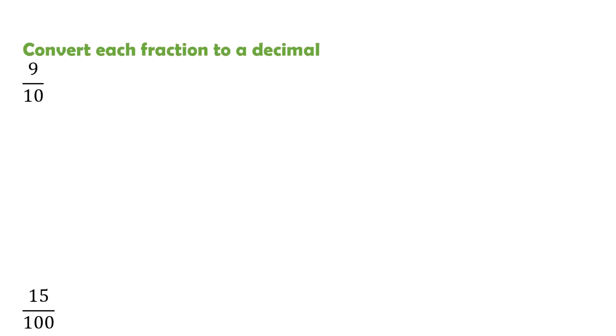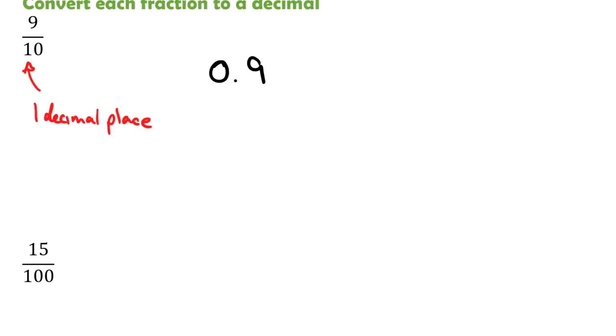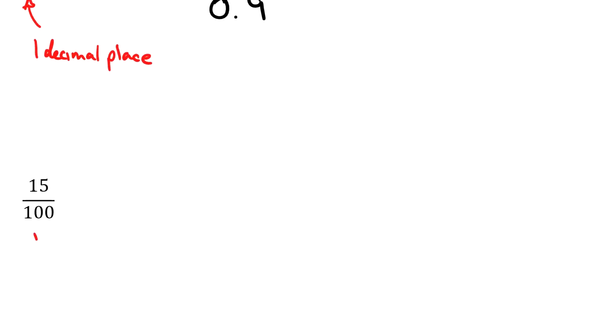So here, convert each fraction to a decimal. So we're using the same rule. If there's a 10 on the bottom, that means there's one decimal place. So what that means is I'm going to have 0.9 and it's one decimal place. Again, here we have 2 zeros, so it's going to be two decimal places.